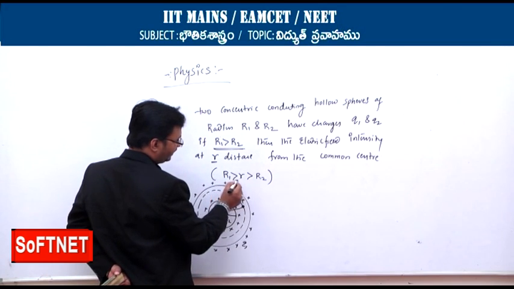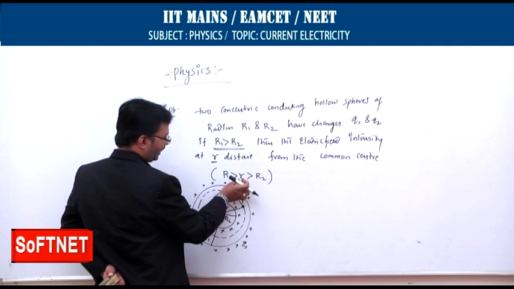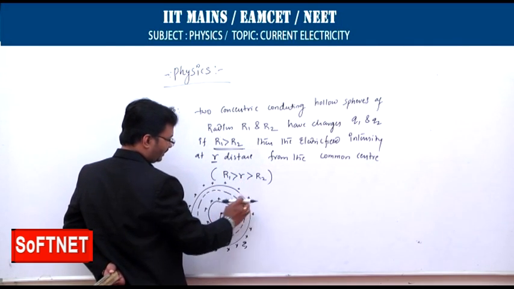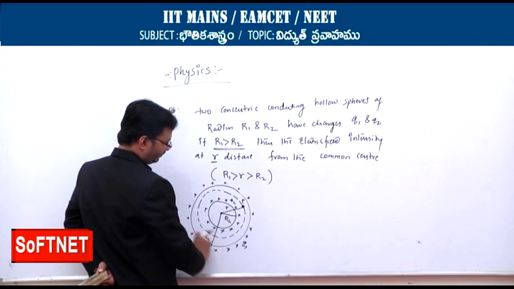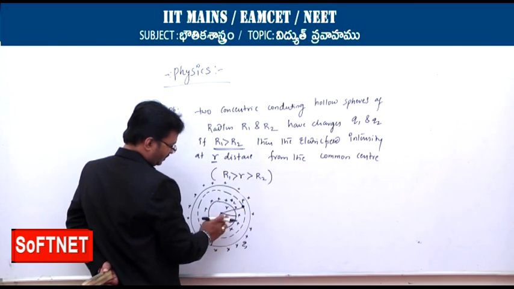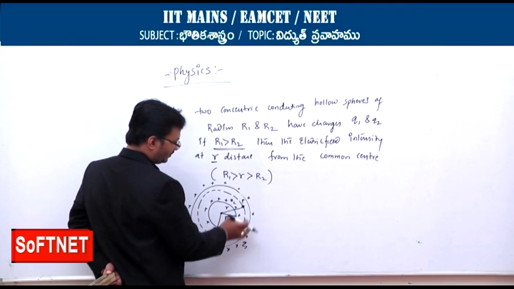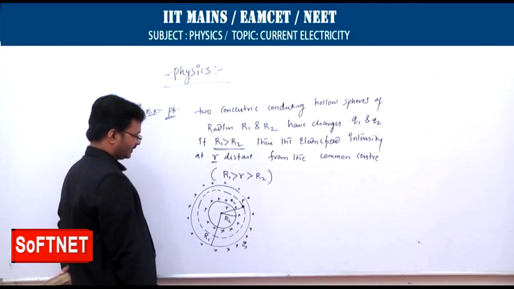The condition is given: R1 greater than smaller r greater than R2. So, smaller r exists between R1 and R2. Clear? So, inside of R1, outside of R2. Now, this point is outside for this sphere, inside for this sphere.